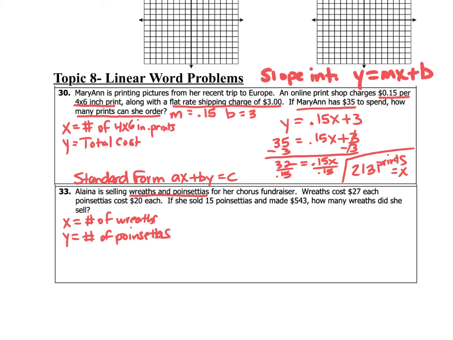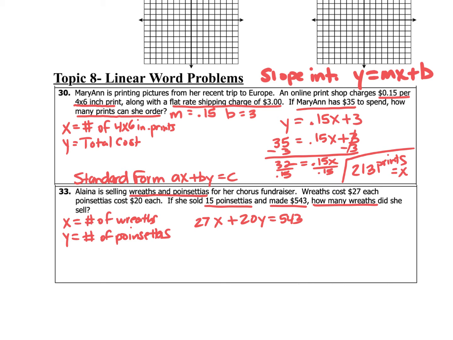All right, so the equation, if she sold 15 poinsettias and made $543, how many wreaths? So we're solving for X. We have 27X plus 20Y equals 543.